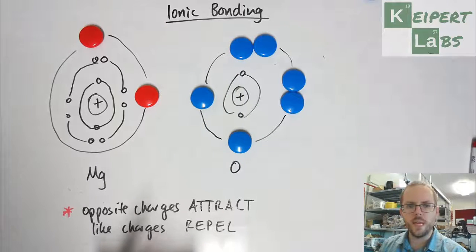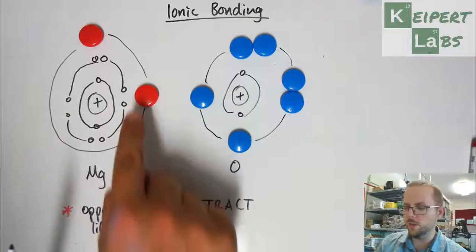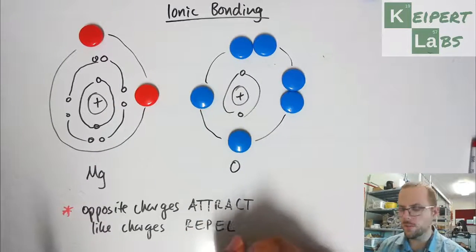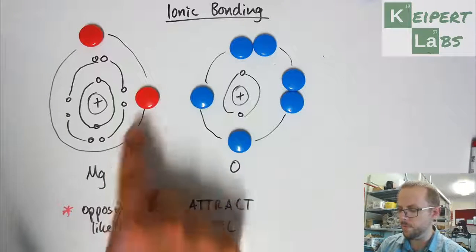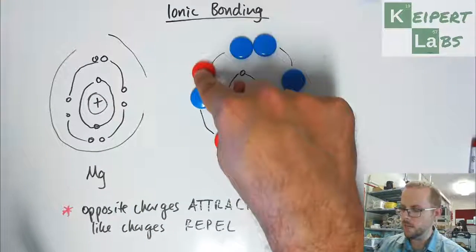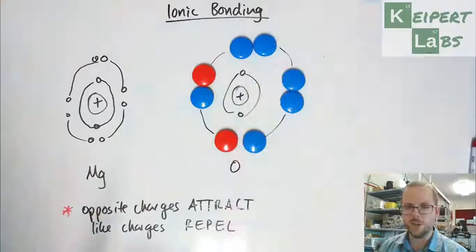So we know that each one of these is going to want to get a full outer shell. Magnesium in group 2 is going to lose its 2 electrons. Oxygen in group 6 is going to gain 2 electrons. So, as with before, one of magnesium's electrons is gained over here, and the other is gained over here. We have a full outer shell for magnesium now, and a full outer shell for oxygen.